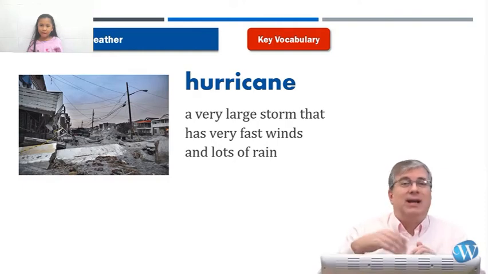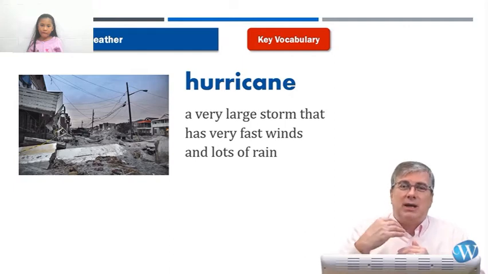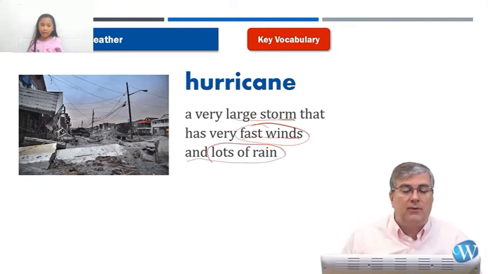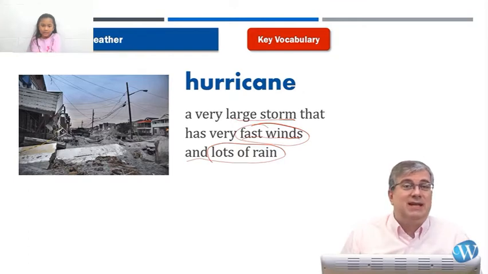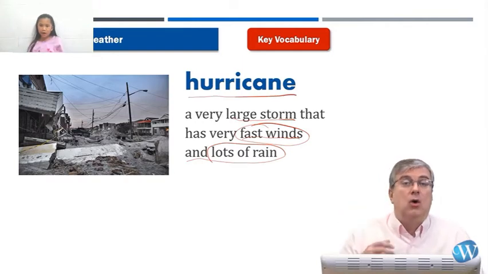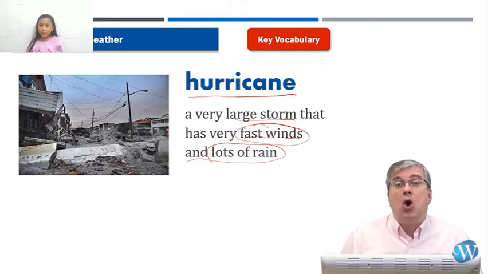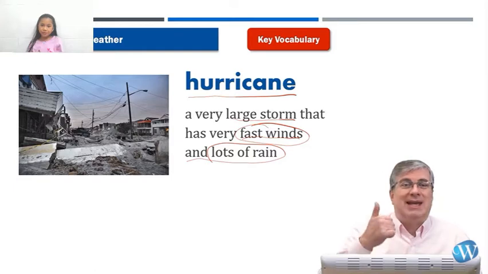Okay, well, a hurricane is a very large storm that has very fast winds and a lot of rain. Okay, well, that's a hurricane. Well, there are mixtures of all kinds of damaging weather, right?